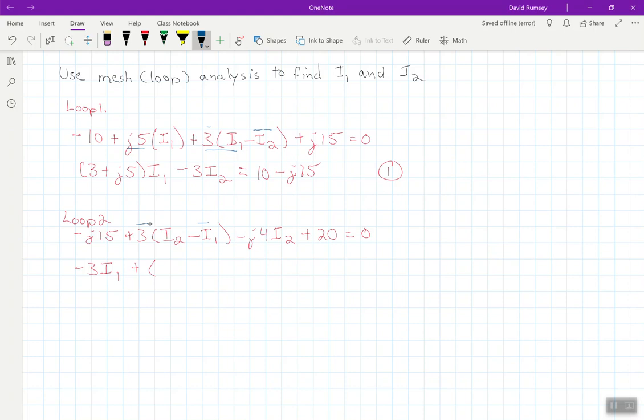And then I have 3 minus j4 I2, and that's coming from this 3 I2, this minus j4. Then I'll move this and this to the other side.